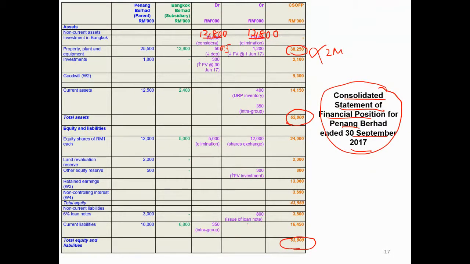But later on, you can see at the worksheet, in your notes here, you recognize that loan note as a liability of 800K. Good point here. So the answer is 12.8 million there.